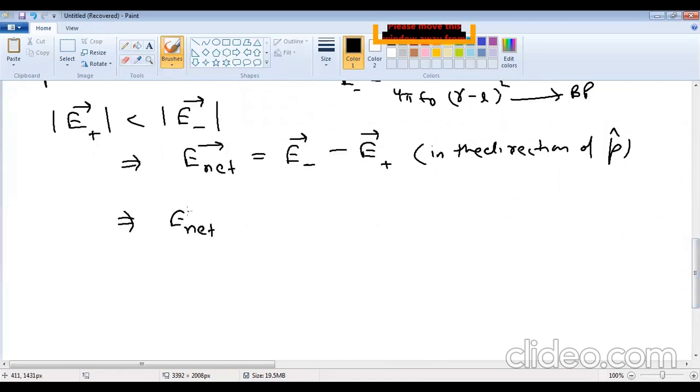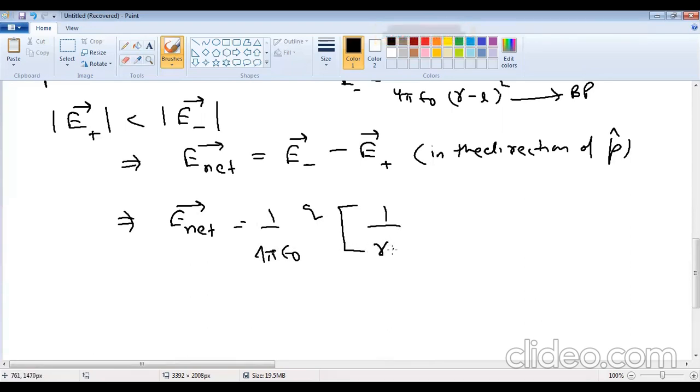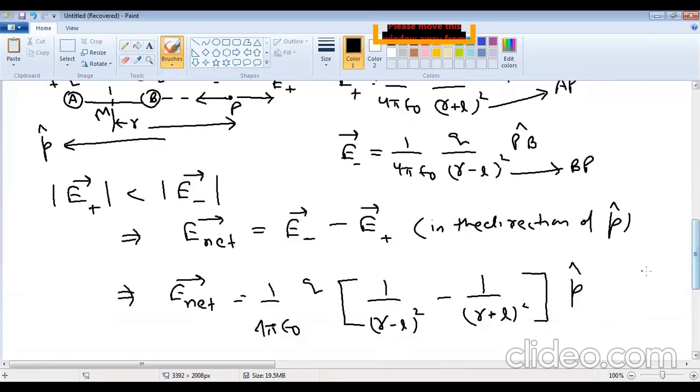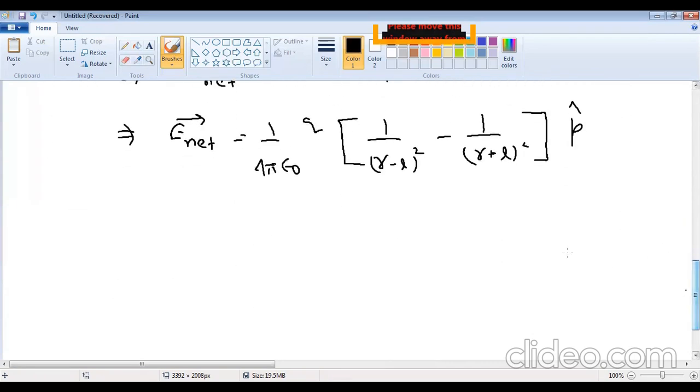So let us go and solve it. We know these are the common quantities that we have. Let us take them outside the parenthesis, and then our E minus distance is basically this distance, and then we have this R plus L distance, and then we have this direction P cap. Now let us solve it further.